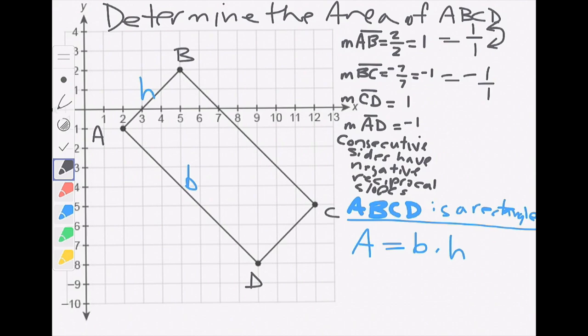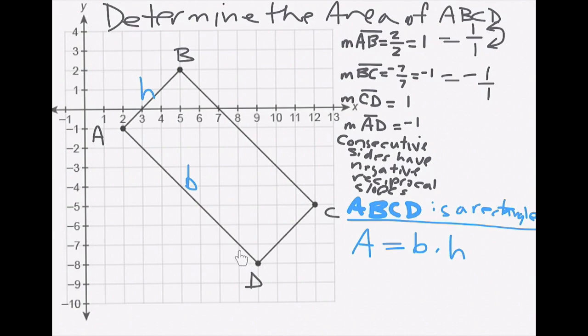And the same thing could be said about sides CD and AD, that their slopes are 1 and negative 1. So since we've got all these negative reciprocals, it means that we have 4 right angles, so it has to be a rectangle. And since it's a rectangle, we could use area equals base times height to figure out the area of the rectangle without surrounding and subtracting it.